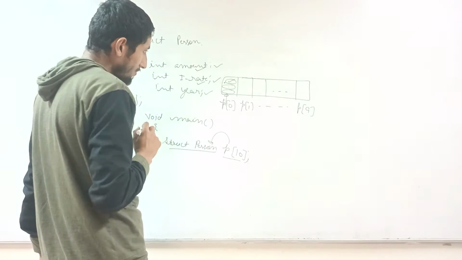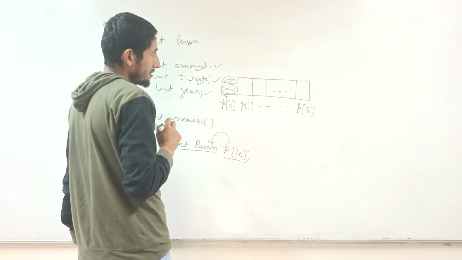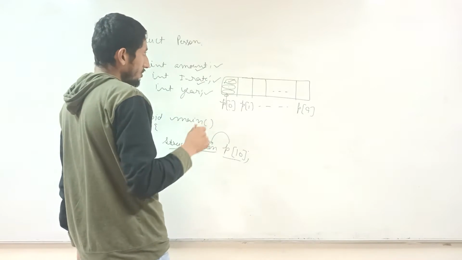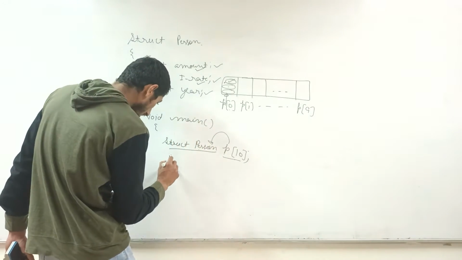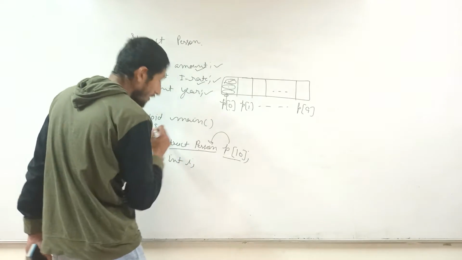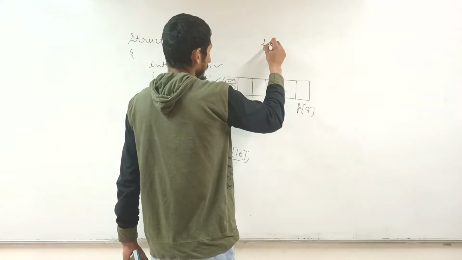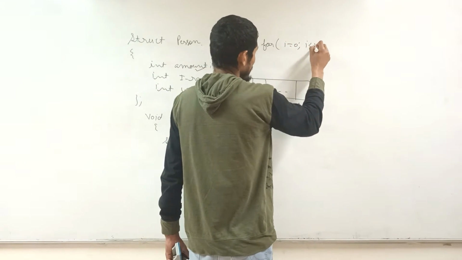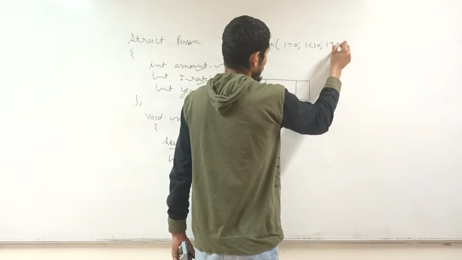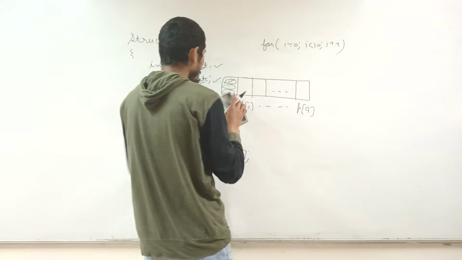Okay. So in this manner, I can access all the blocks. So let me put a loop so that I can show you how we can apply a loop. So let me take a variable int i. I'm writing here for i equals 0, i less than 10, and i plus plus. So I have applied a loop.